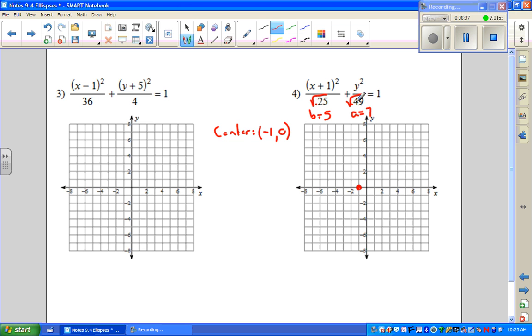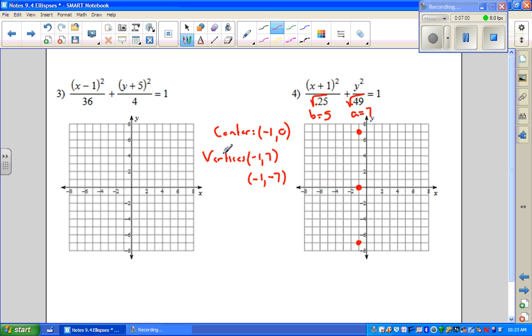Okay? So what I have now is, from my center point, I am going to move with my y's now up 7, down 7. So my vertices this time are going to be negative 1 comma positive 7 and negative 1 comma negative 7.